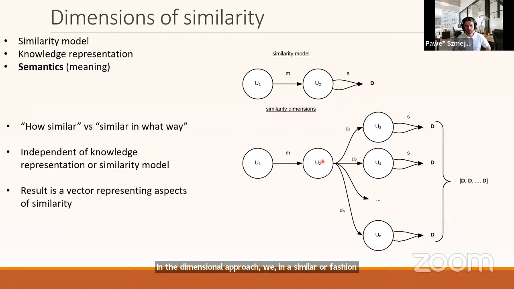We move into a model of similarity, which we split into multiple universes, just like Marvel did in their superhero movies, to arrive at multiple separate results that are then combined into a dimensional vector.